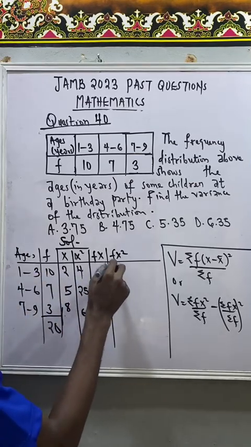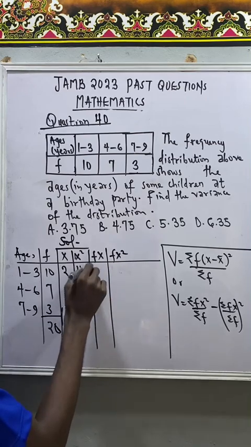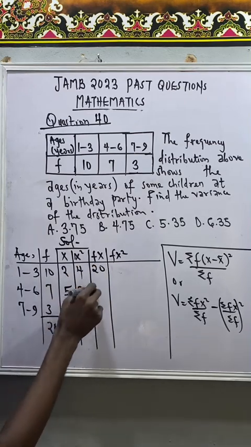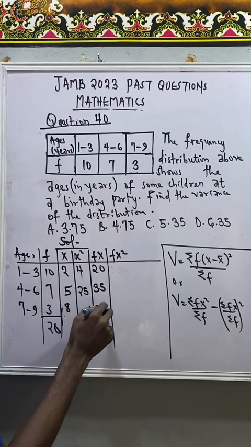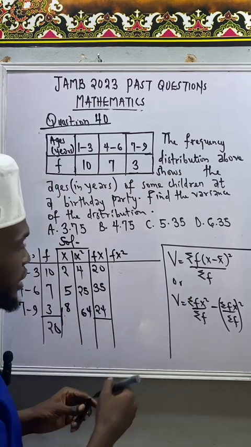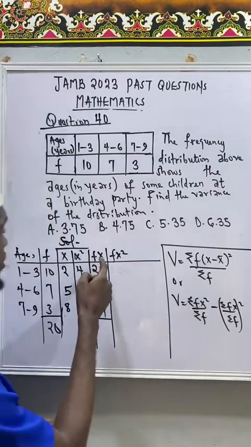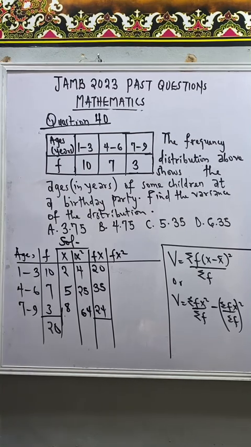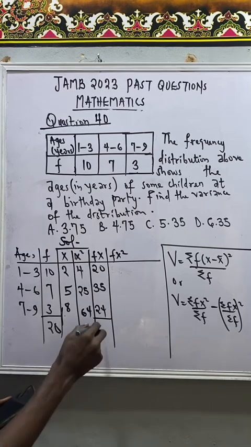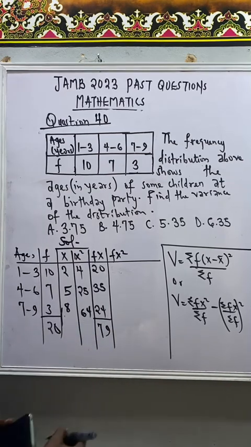That will give me 20 here. 7 times 5. That will give me 35 here. 3 times 8. That will give me 24 here. Now, I need the sum of fx. Adding this together, I have 20 plus 35. That will give me 55. 55 plus 24. That will give me 79 for this.